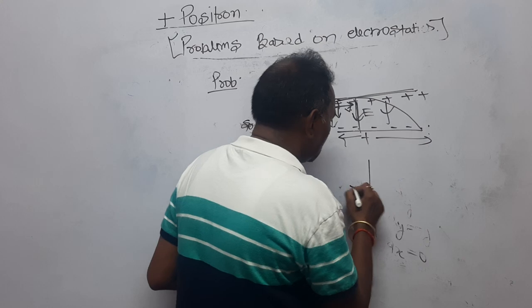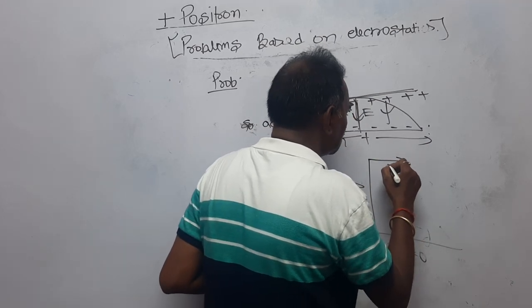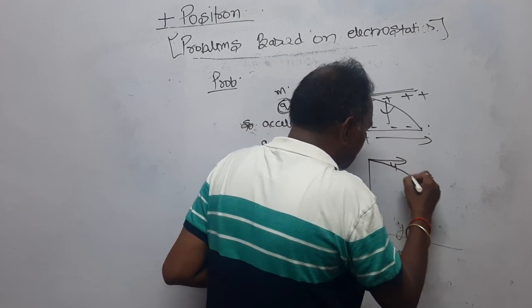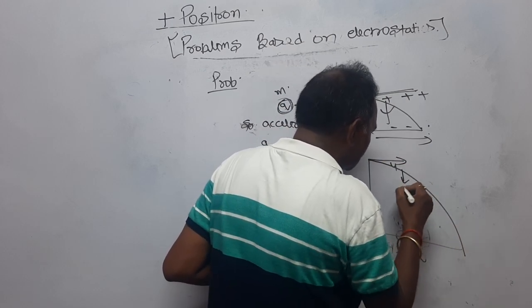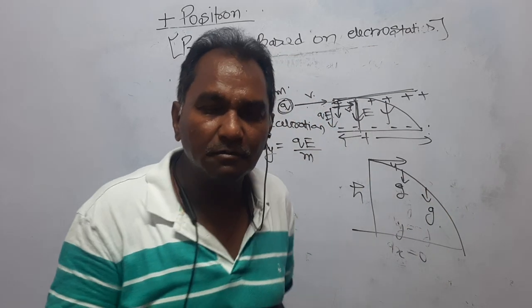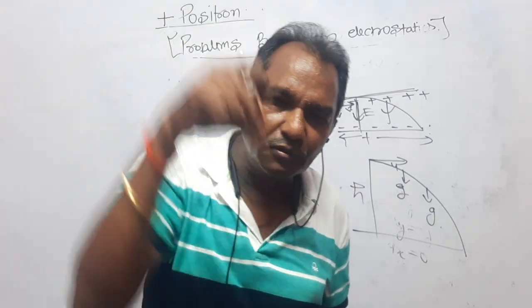This is a building of height h. A ball is projected with velocity u horizontally, then it will travel like this, right? Why will it come downward? Because of acceleration due to gravity that is acting vertically downward.